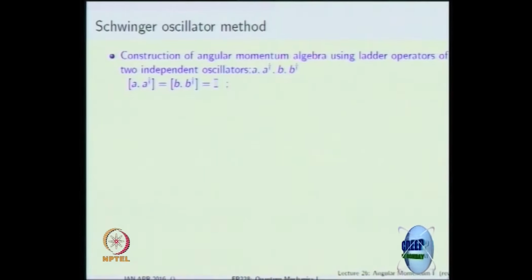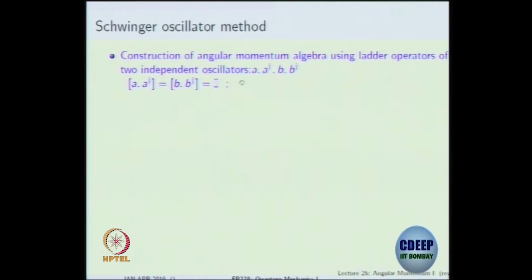So recall what I was trying to do in the last lecture. I was trying to say that let's take two independent oscillators, with A and A dagger as the raising and lowering operators for one oscillator, and B and B dagger for the other oscillator, but they are independent.